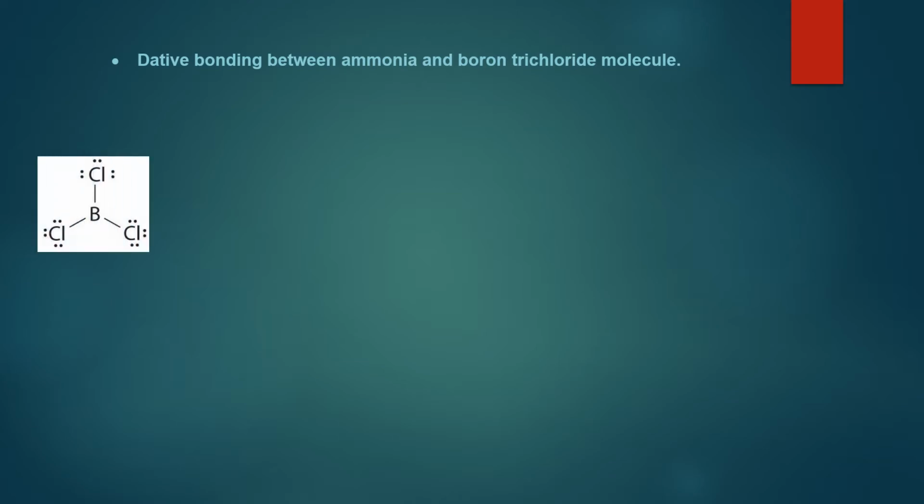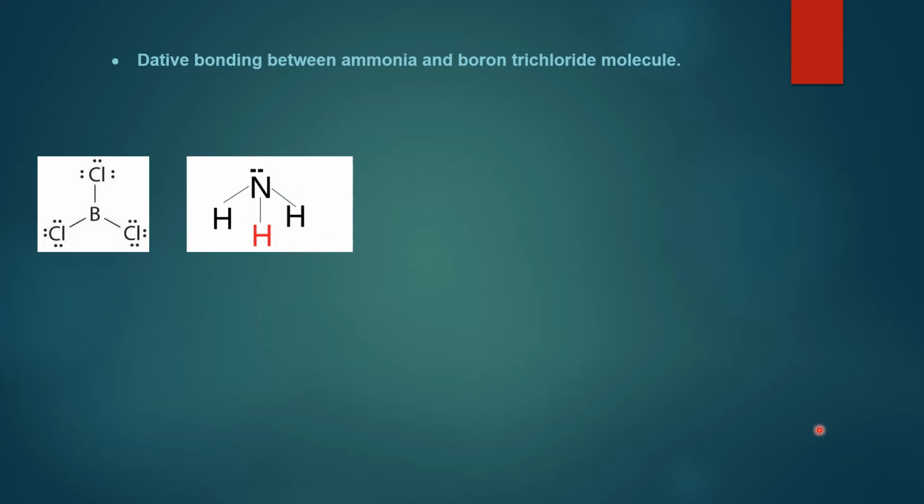The next example of dative bonding between molecules occurs between ammonia and boron trichloride. Boron trichloride, just like aluminium trichloride, is an octet deficient molecule where boron is in need of 2 extra electrons, and it will get those 2 electrons from ammonia, simply because the nitrogen in ammonia is carrying a lone pair of electrons.